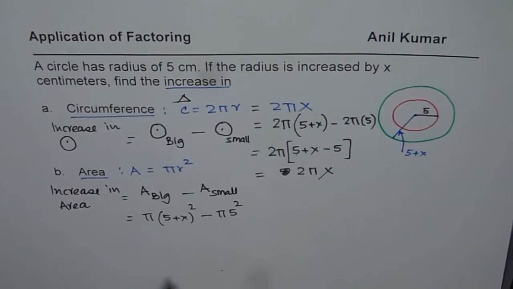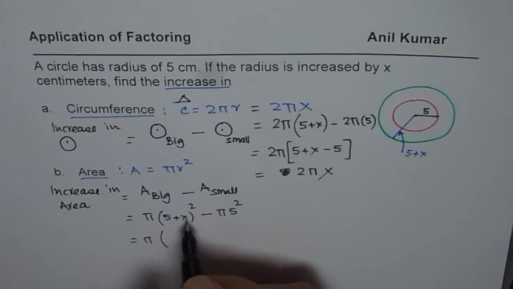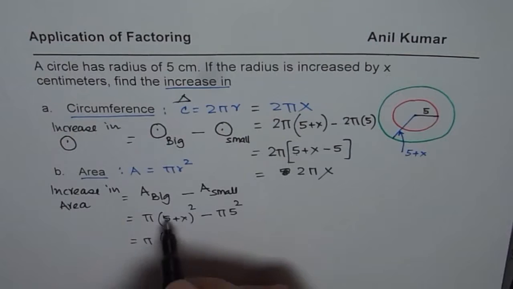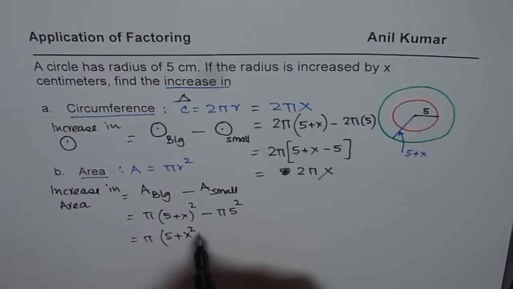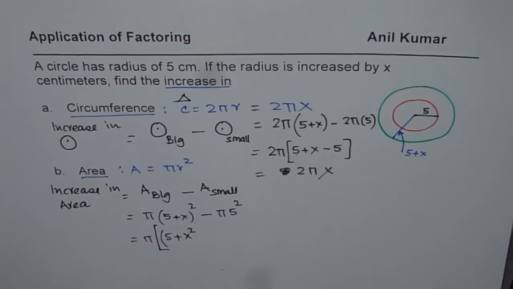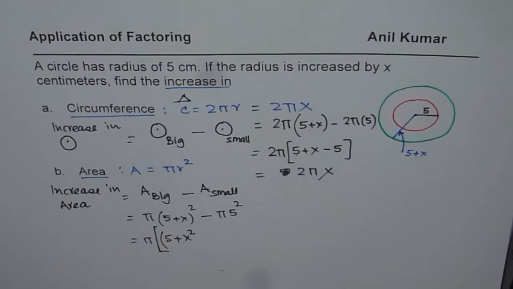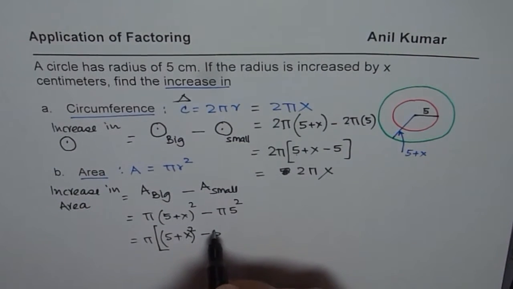Now pi is common, so we'll take pi as common, and what do we get here? We get 5 plus x whole square, let me put brackets here, minus 5 squared.